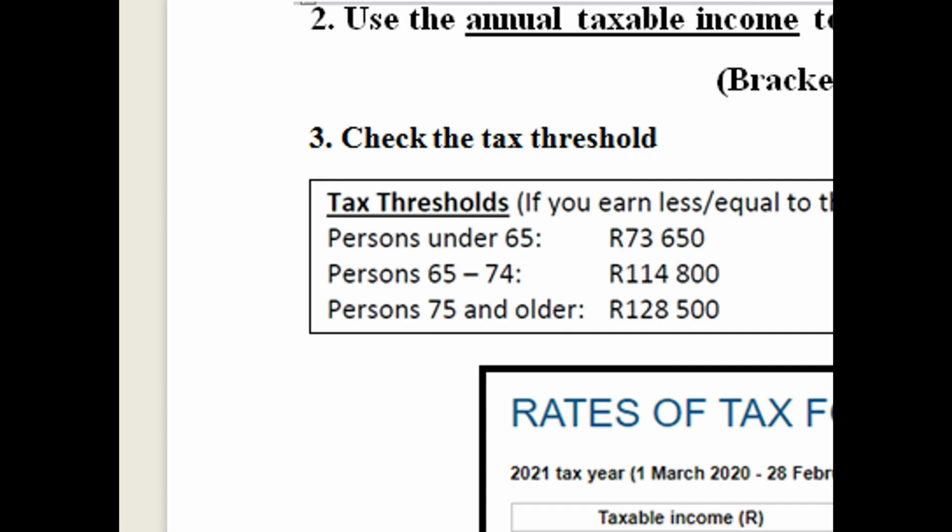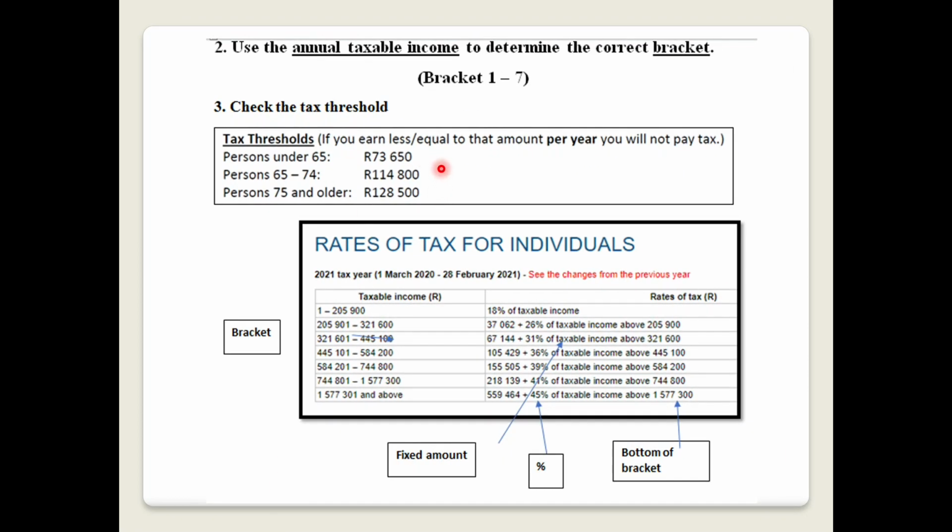If you are between the ages of 65 and 74, and you earn an annual salary of 114,800 or equal to, you don't pay, and 75 years and older, 128,500. So if you earn less or equal to the amount per year, you will not pay tax. So this is where you check the threshold.